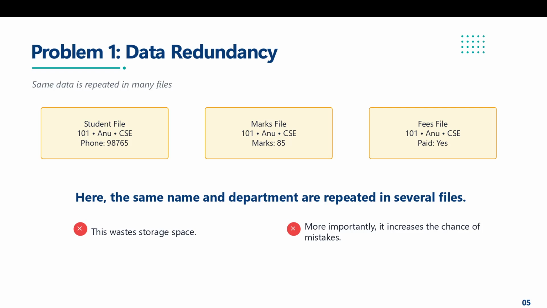If the same information is stored in five different files, then any change should be updated in all five places. If we forget to update in one place, what will happen? Then the data becomes incorrect. So, data redundancy means unnecessary repetition of data and it can lead to other problems too.